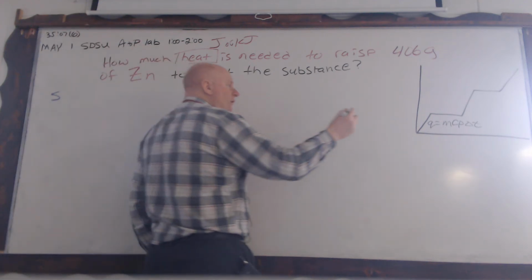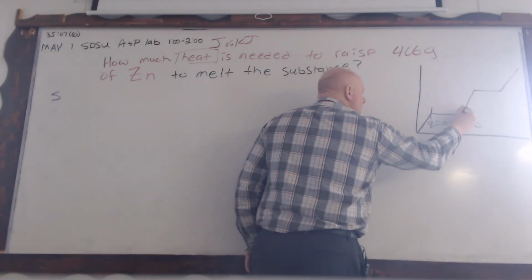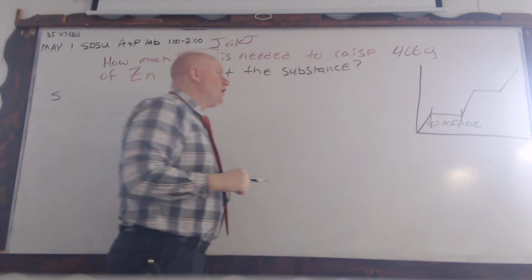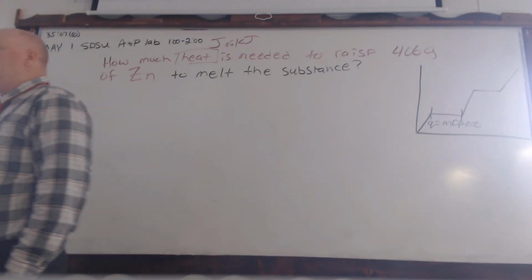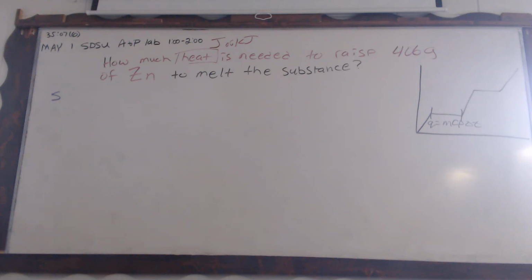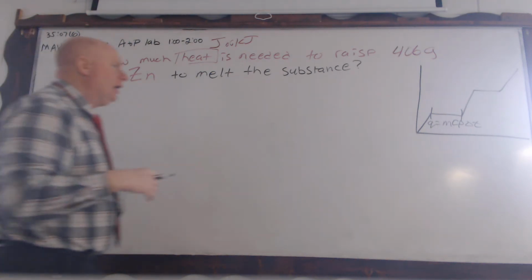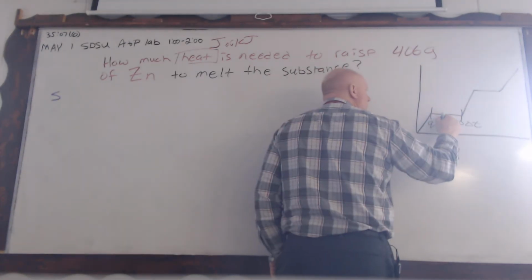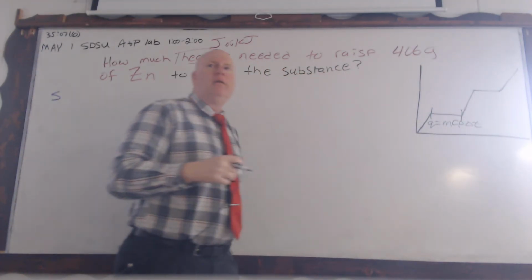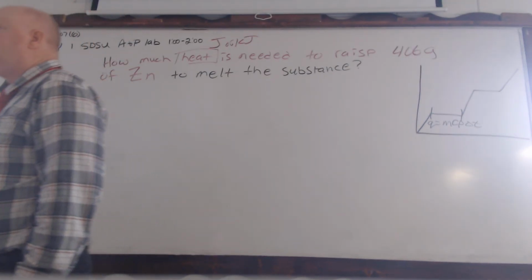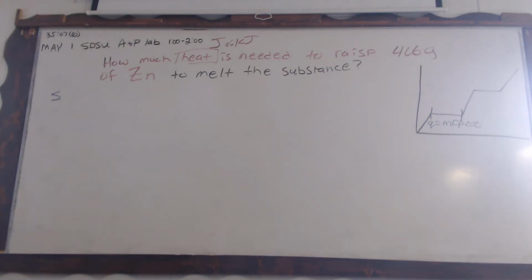But what happens from here to here? The individuals that answered this are not in here, so we'll see who's actually paying attention. What is significant on this line, or this one? What's happening? Right, it is a heat of fusion or heat of vaporization, but what is not happening?